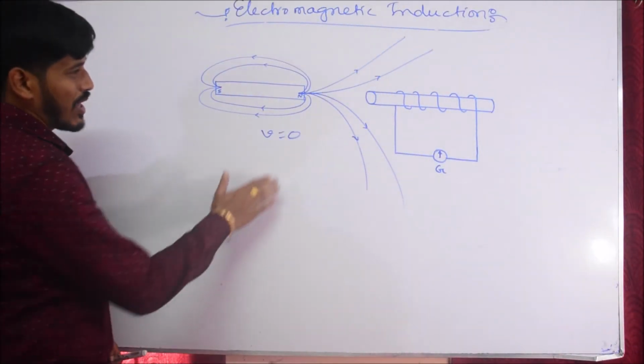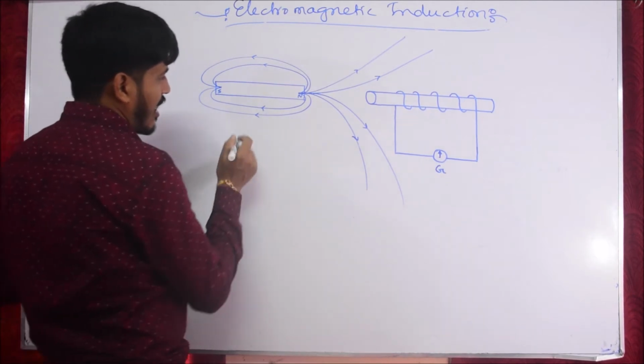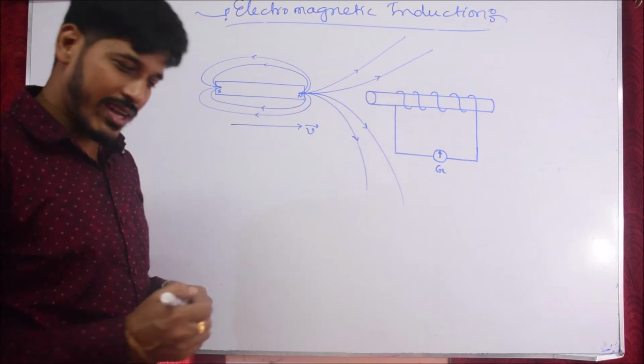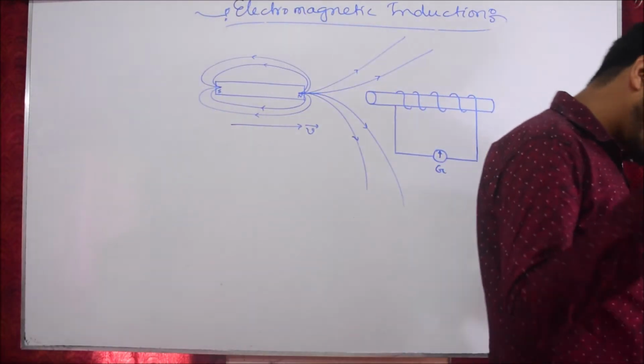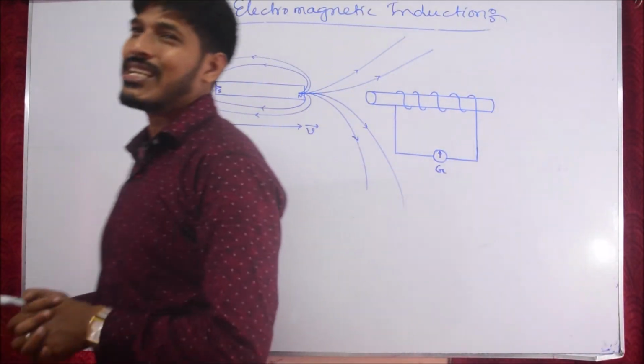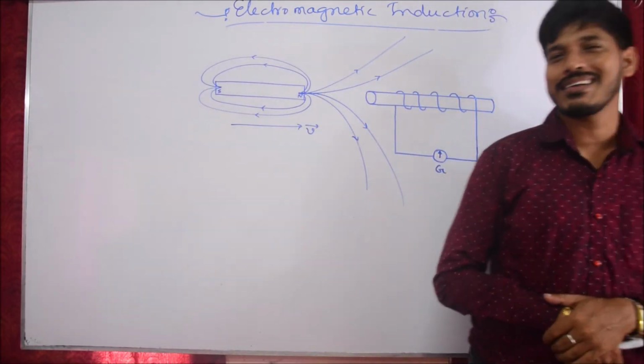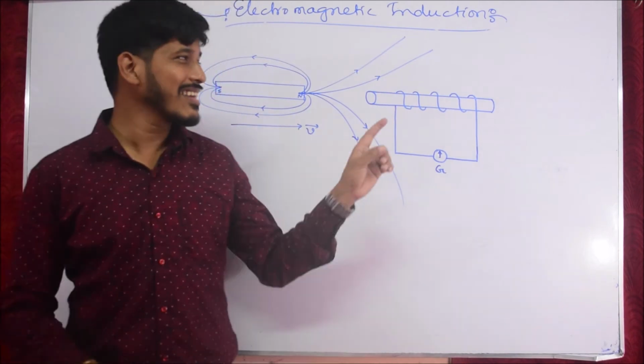Now, let us move this magnet towards the coil. As I am moving the magnet towards the coil, there is a change in magnetic flux linking the coil.